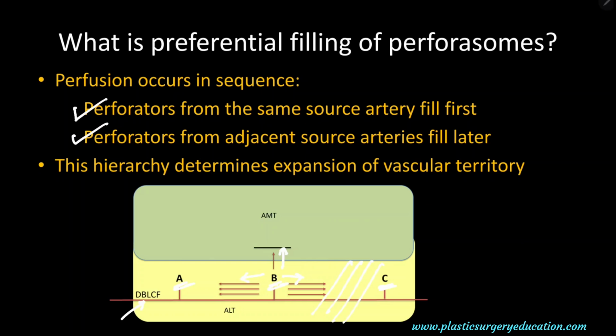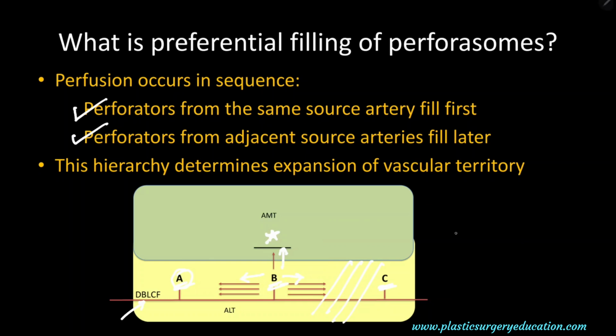What I mean by this is, even though the perforator of the anteromedial thigh is nearer to perforator B than perforator A, perforator A is preferentially filled from perforator B, which is called the preferential filling of the perforasome.